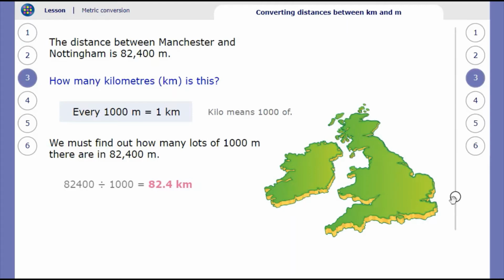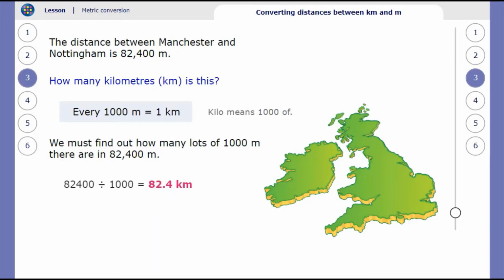So we're going to take 82,400, we're going to divide it by 1,000 because we're working out how many lots of 1,000 go into there, because every 1,000 metres is a kilometre. So we're working out basically how many kilometres there are within that amount. And you end up with 82.4.